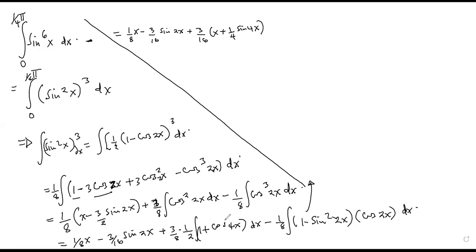We integrate cos 4x, you get a quarter sine 4x. Then minus 1 over 8. When you look at this one here, well, we can expand. It is going to be cos 2x. Of course, integral of 1 minus sine squared 2x cos 2x dx.